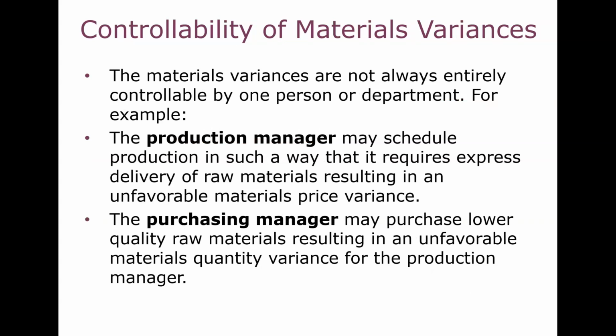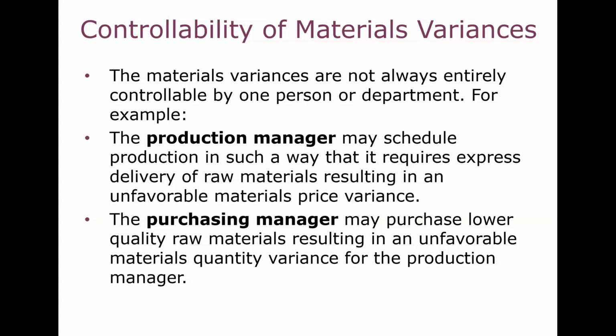Okay, looking at these material variances, they are not always controllable by one person or one department. The production manager can schedule the materials to come in a way where the raw materials end up having an unfavorable variance.